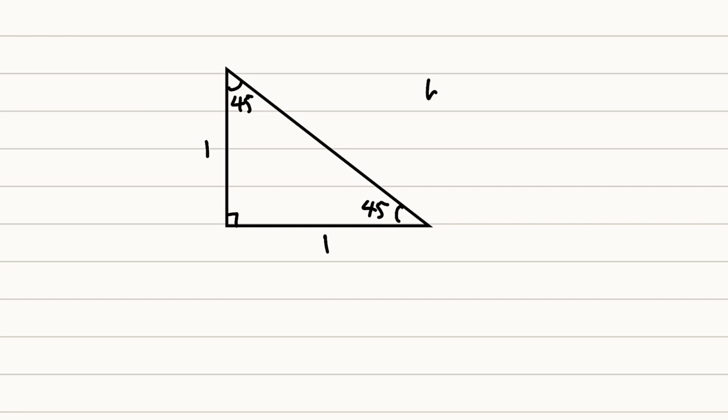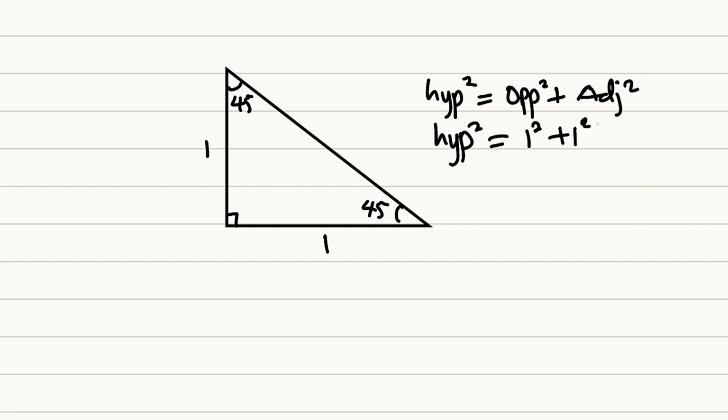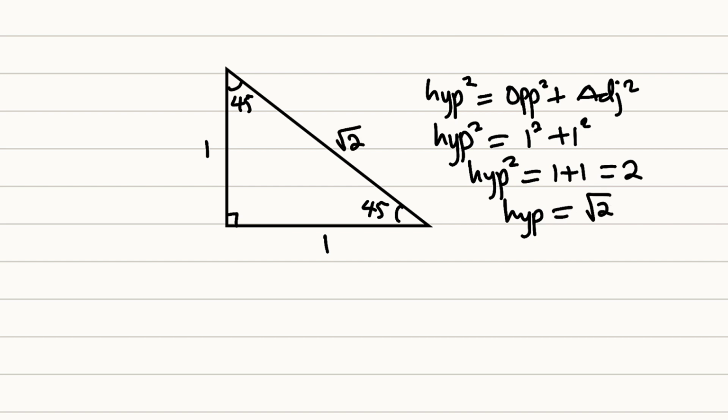To find that, remember that hypotenuse squared is equal to opposite squared plus adjacent squared. The hypotenuse squared, which we are looking for, remains hypotenuse squared. And both opposite and adjacent are 1, so we have 1 squared plus 1 squared. Hypotenuse squared is equal to 1 plus 1, which is equal to 2. Therefore, the hypotenuse that we are looking for is equal to square root of 2. So this is square root of 2.